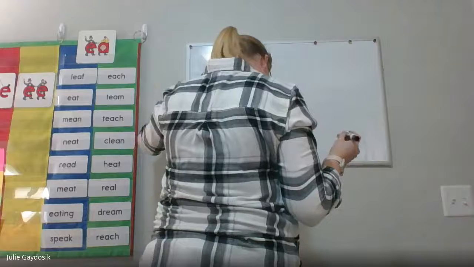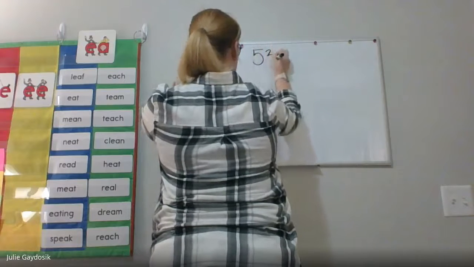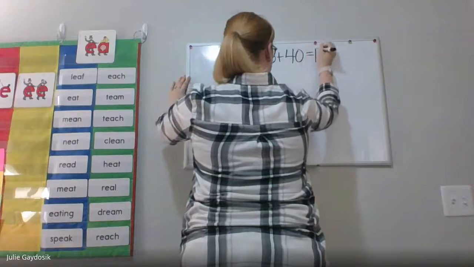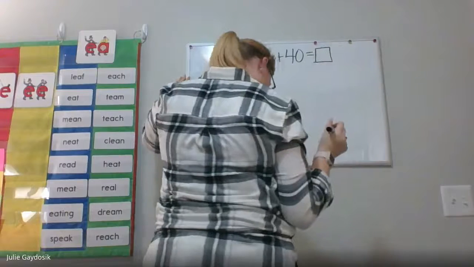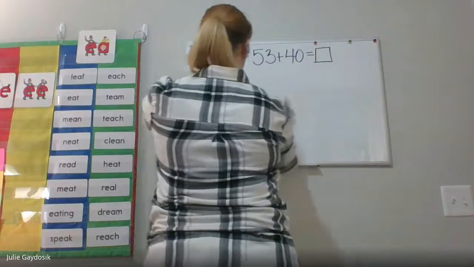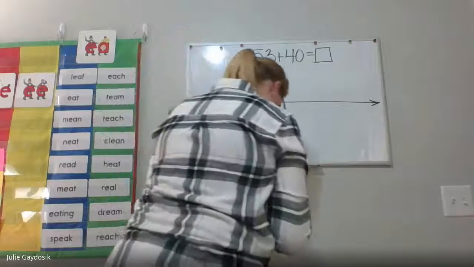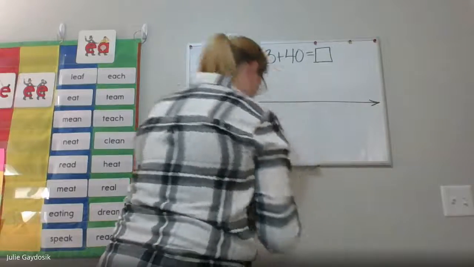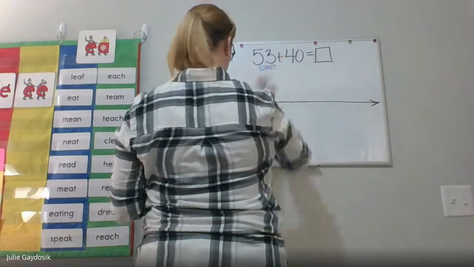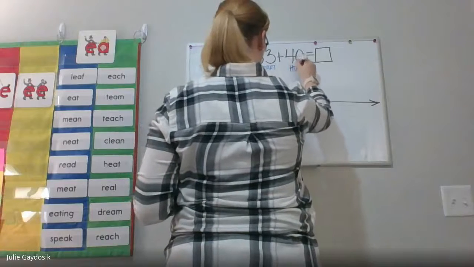Okay, let's do 53 plus 40. Okay, 53 plus 40. So we're going to do an open number line. Okay, let's do the same thing. We're going to start at 53. We are going to do our hops.